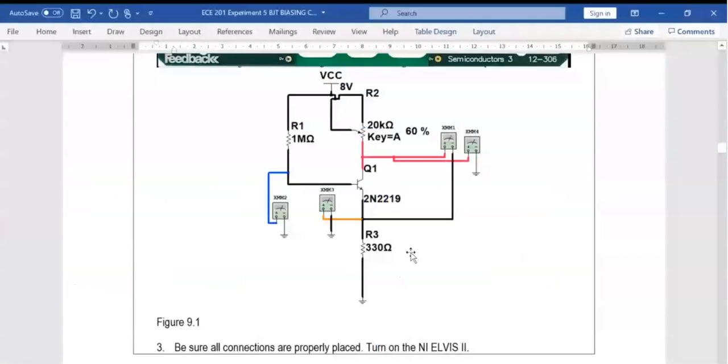We need to connect this emitter stabilized bias circuit. We need an 8-volt supply VCC, RB of 1 megaohm, an RC potentiometer of 20 kilohms, and a transistor 2N2219.